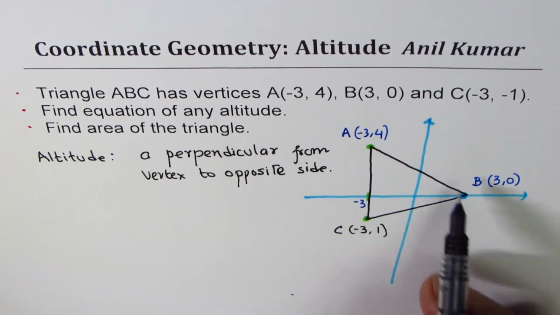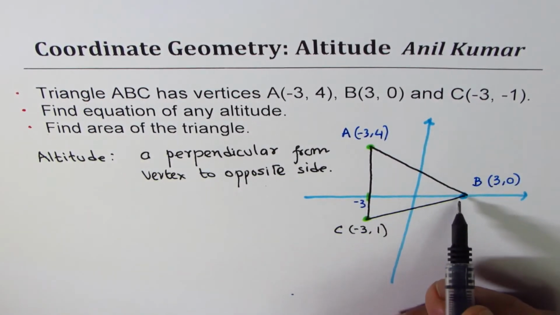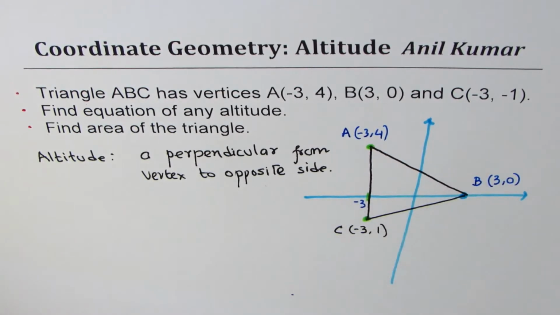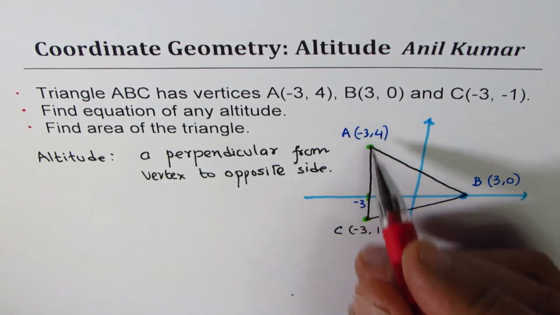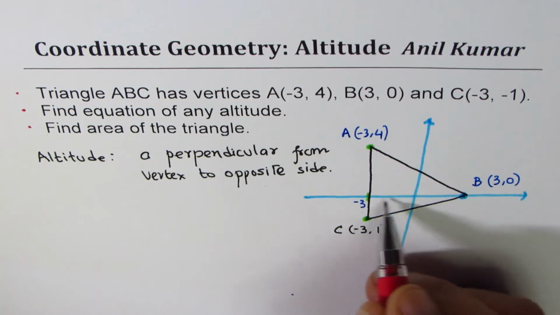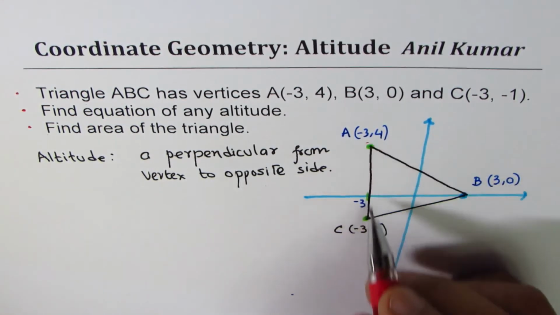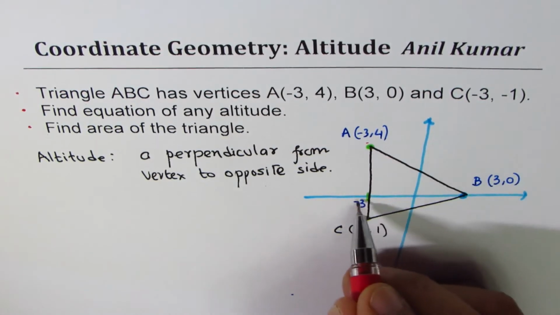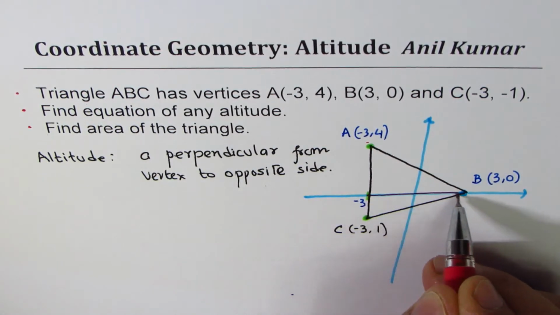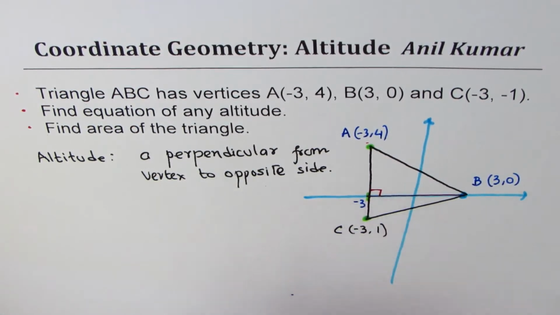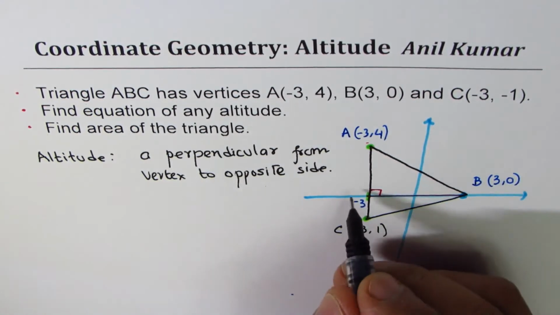Perfect. So if you look at it, from B, if we drop a perpendicular to AC, that will be along the x-axis. You see, -3, -3. That means this is a vertical line, and therefore that becomes the altitude for us in this particular case. Correct? So let me name this point as D.